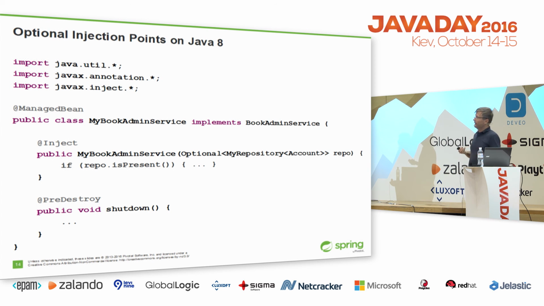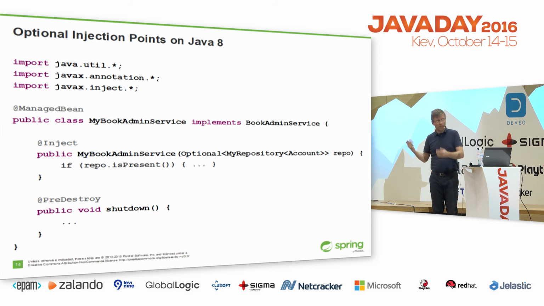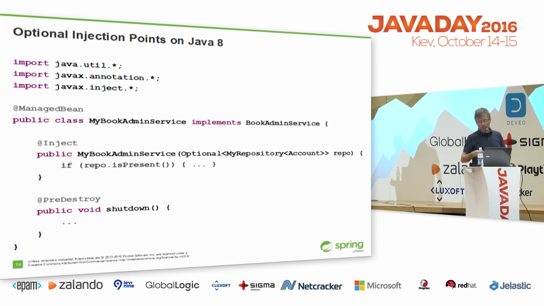So along the same lines, you might be aware that this is working. What if you declare a java.util.Optional type, the Java 8 Optional type, in a parameter signature, in a dependency injection point? It just works. So if your constructor says Optional of MyRepository of Account, the framework basically says, okay, I know what java.util.Optional means, right? So I'm looking for my repository of account.